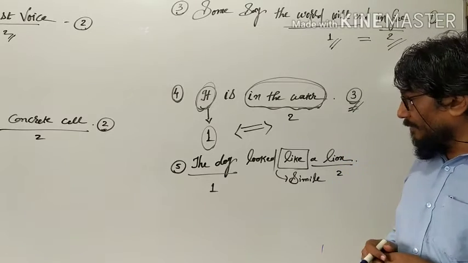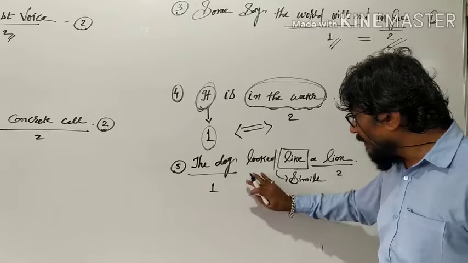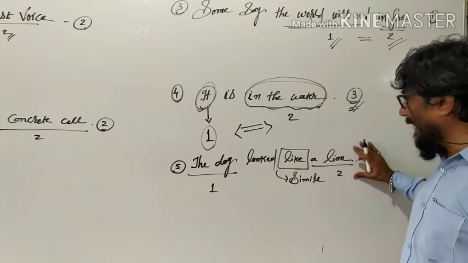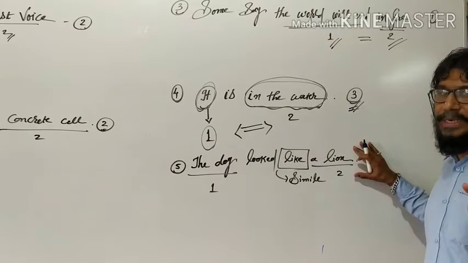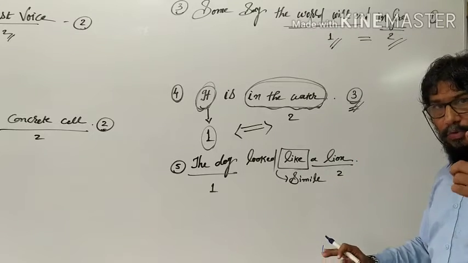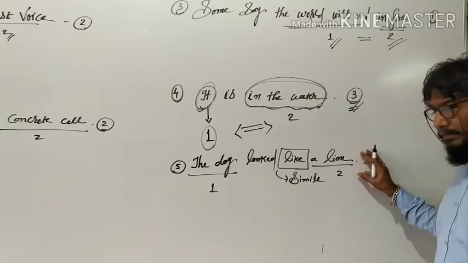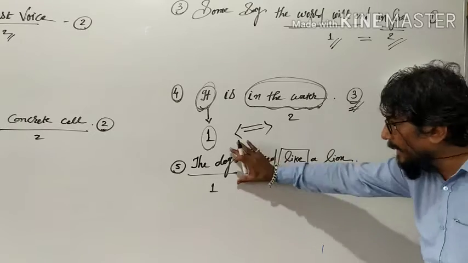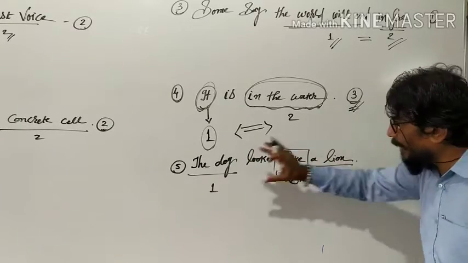Now I will give my own example. The dog looked like a lion. I am talking about treaty. The dog, original aspect. Lion, comparative aspect. Dog cannot be lion, lion cannot be dog.